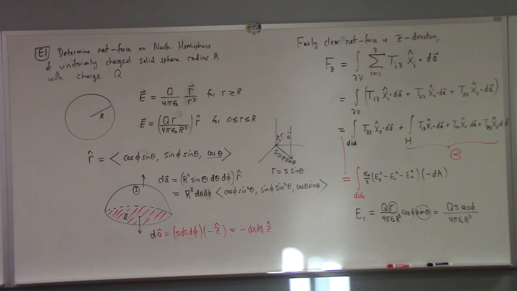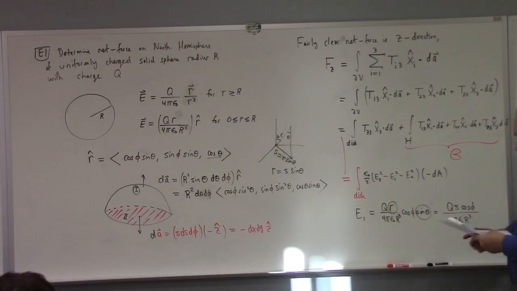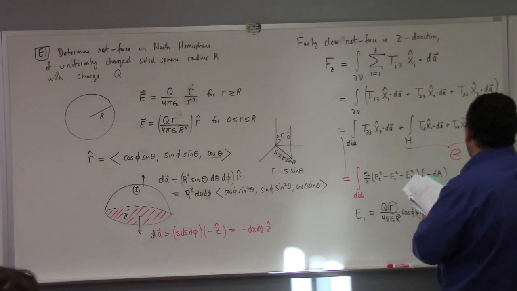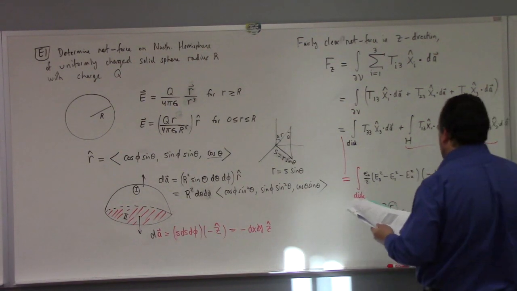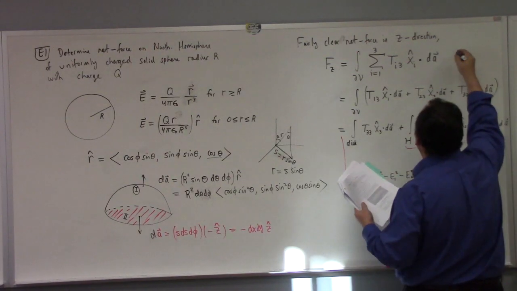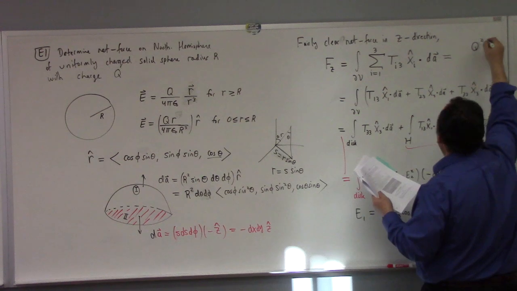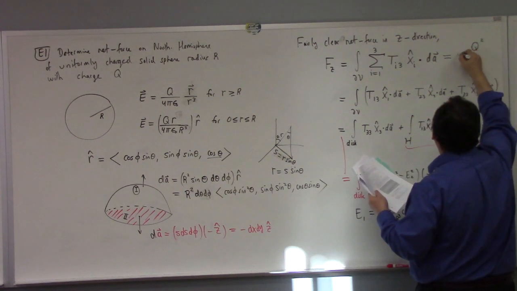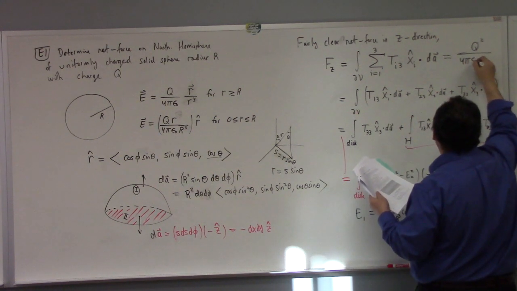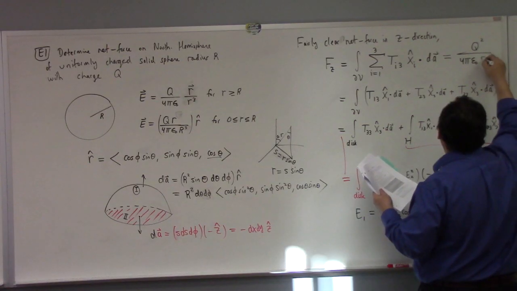So the answer, let me just tell you the answer. This is worked out in Griffiths, sort of. He eventually finds that this integral works out, after some effort, to a rather satisfying answer, q squared over 4 pi epsilon naught times 8r squared.